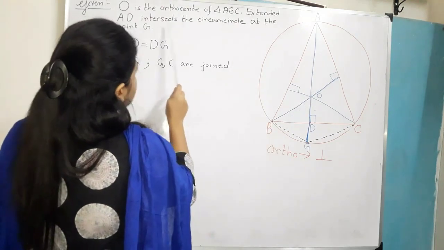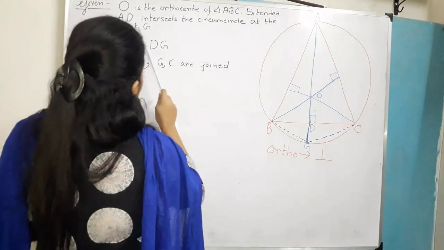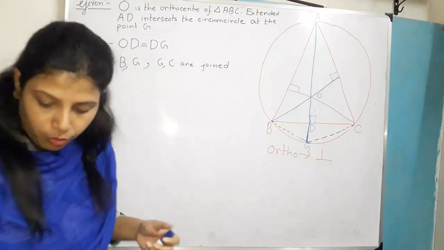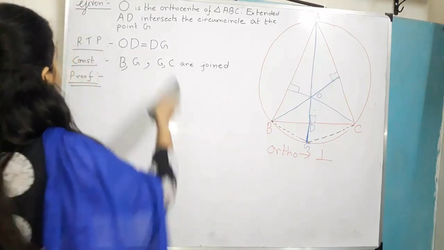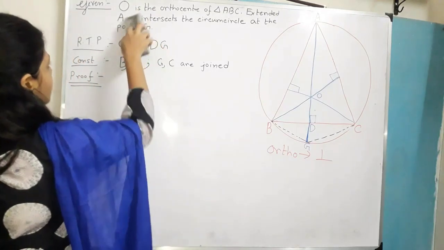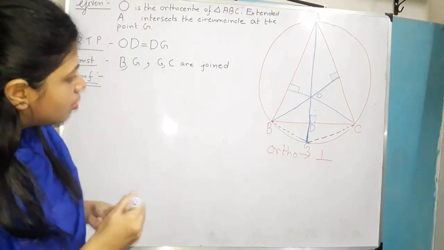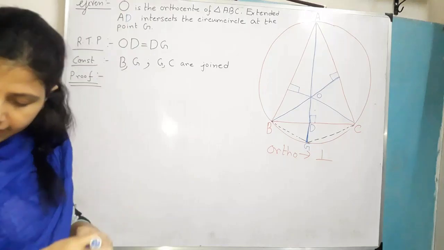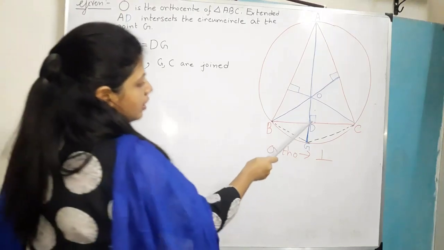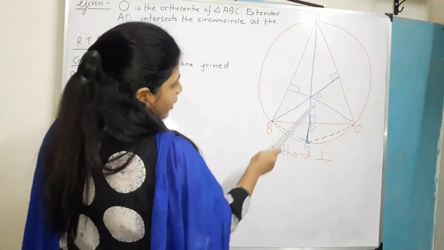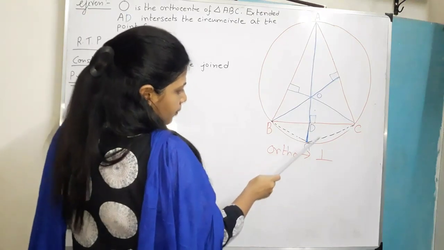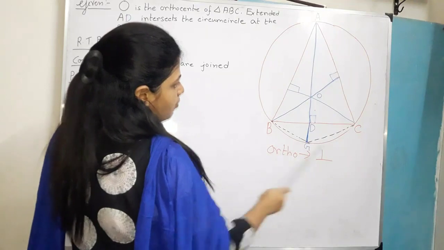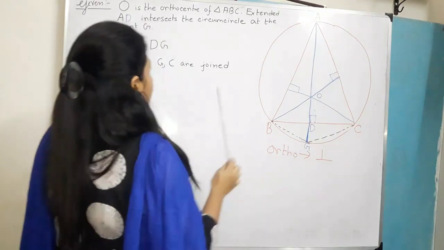Extended AD intersects the circumcircle at the point G. So AD will be extended up to G. That means extended AD intersects the circumcircle at the point G here.